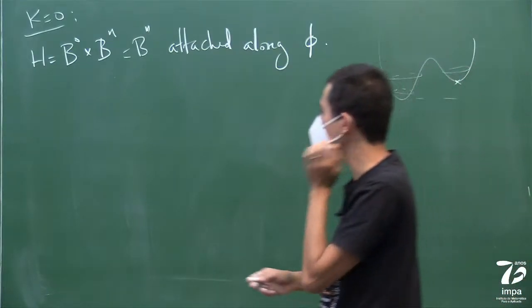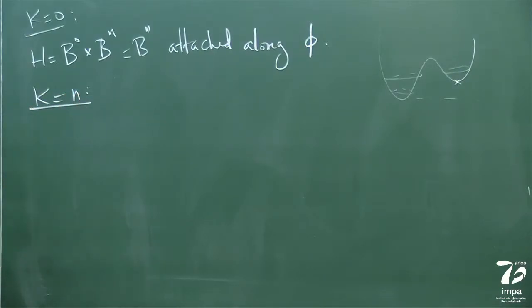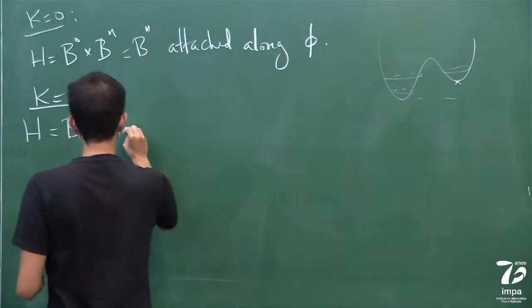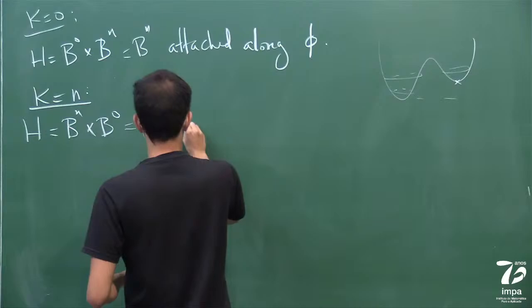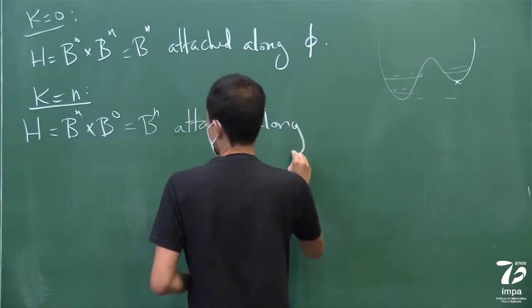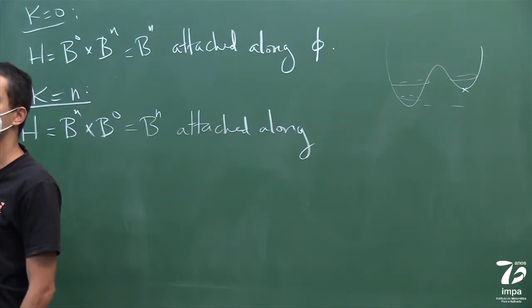Okay? And in the case k equals n, it's kind of degenerate in the opposite direction. So what is a handle in the case k equals n? A handle is going to be bn times b0, which is again another ball. But now it's attached along the boundary of bn times b0.